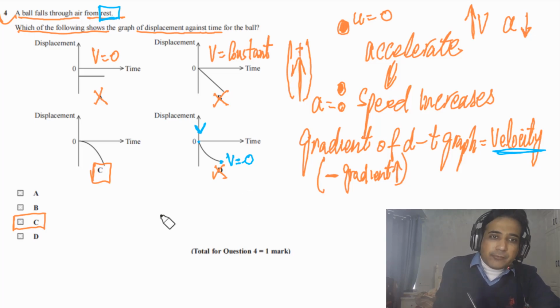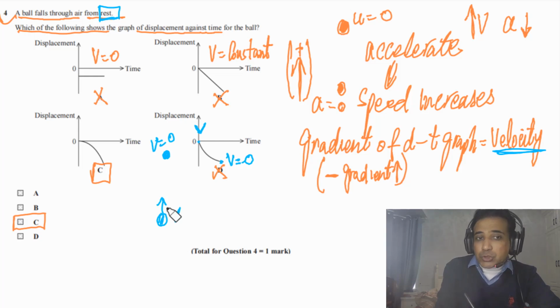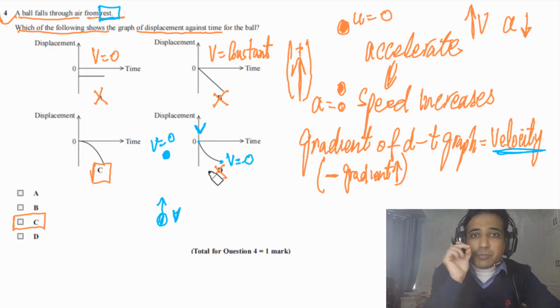So this is like if you throw the ball from the ground, the ball goes up, then finally reaches the highest point. Here the speed of the ball will be equal to 0, and here it has a certain velocity v. So the motion is like this. That's the reason D is not the answer. The best way is to look at the gradient.